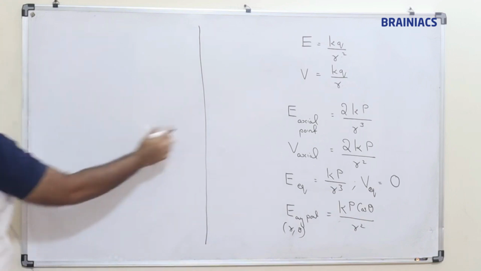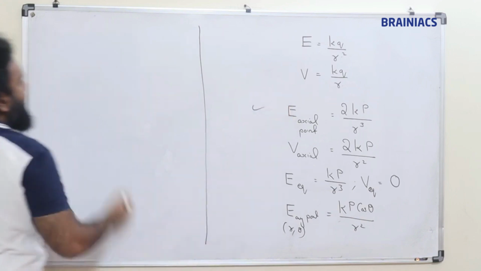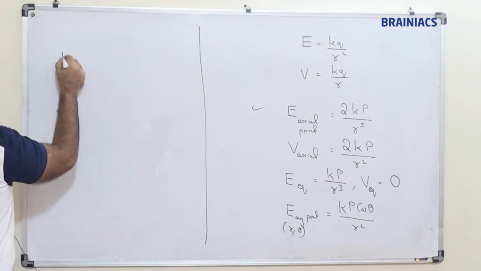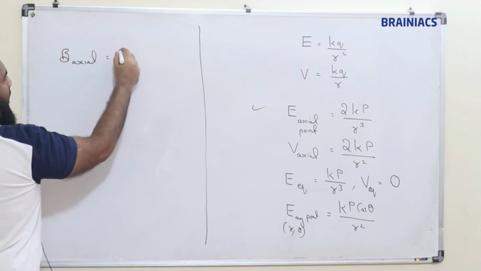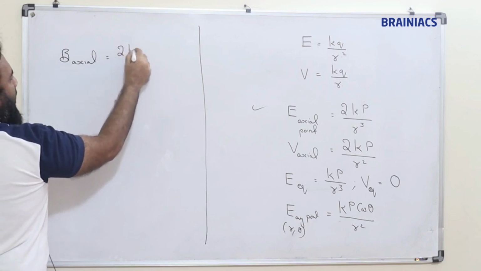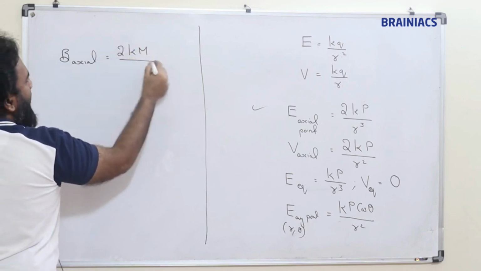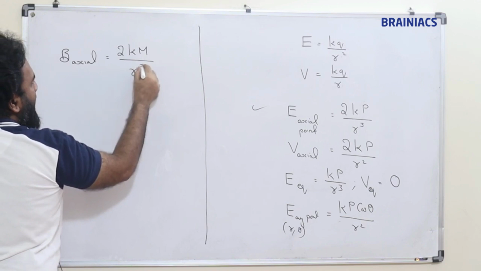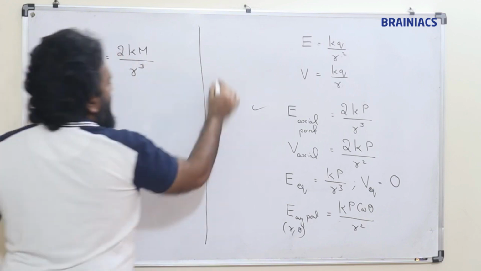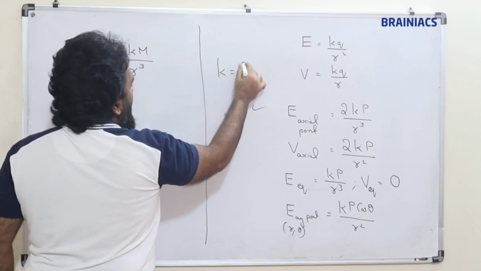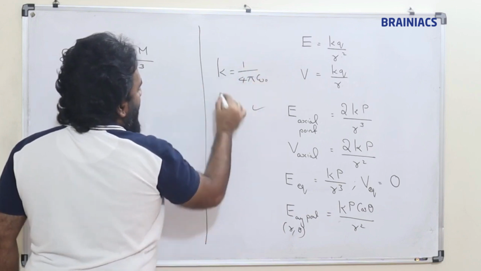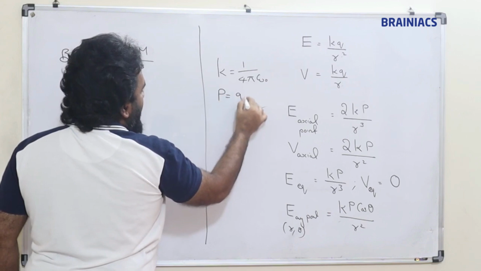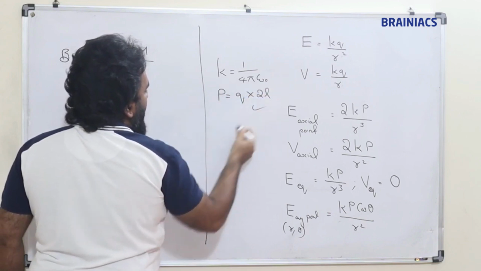So here now we need to consider the magnetic field at the axial point, which will be what? 2m divided by r cube. Here k was 1 by 4 pi epsilon naught, and p is nothing but q into 2l.